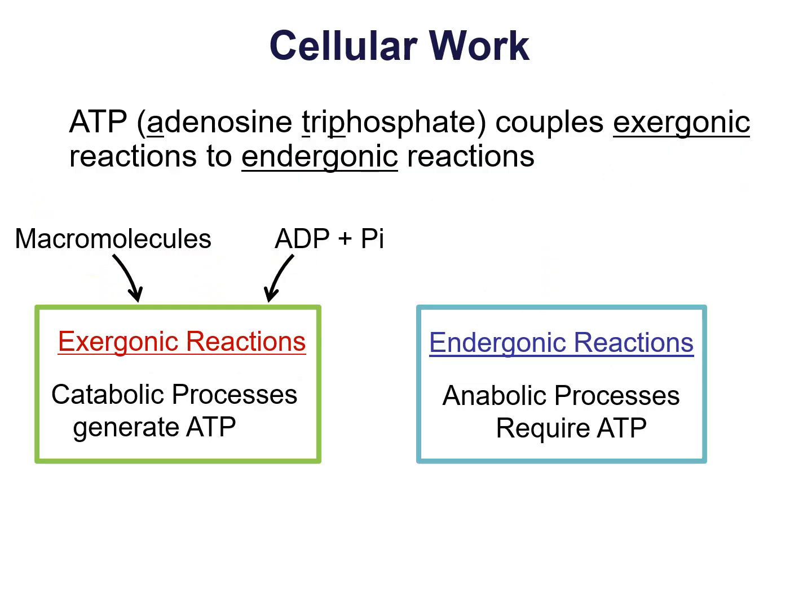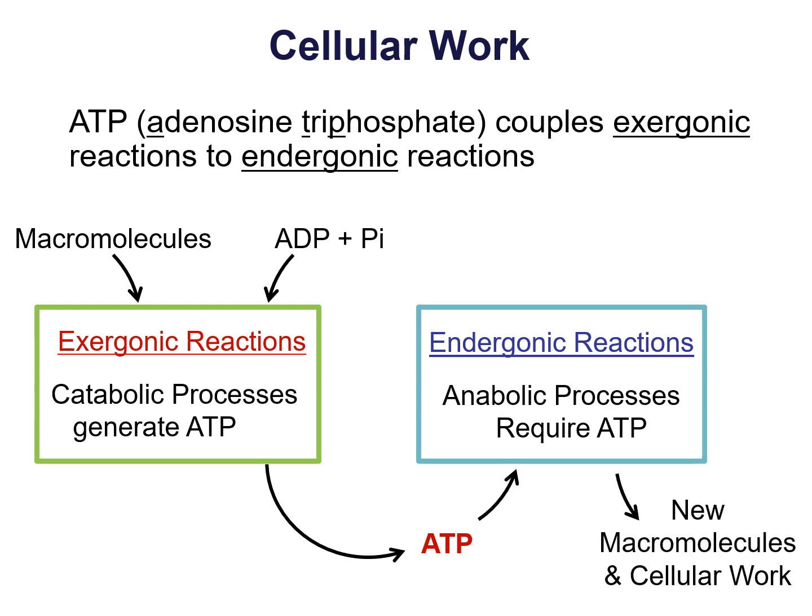ATP and ADP link exergonic reactions and endergonic reactions within the cell. So we have exergonic reactions that release energy from your food, for instance. And that energy is used to link ADP with inorganic phosphate to make ATP. And now we've stored a bit of energy. And that energy can be used right away in an endergonic reaction that requires energy. So that phosphate that was added will be pulled off again.